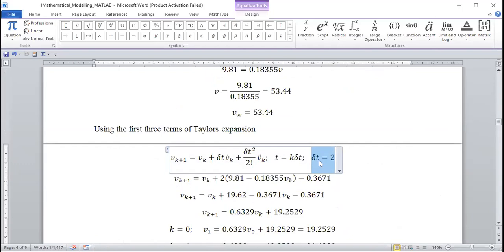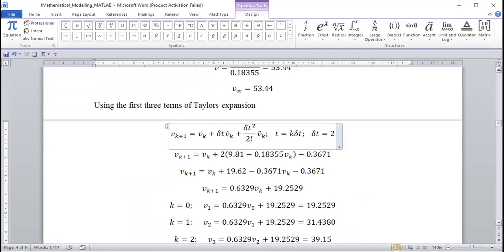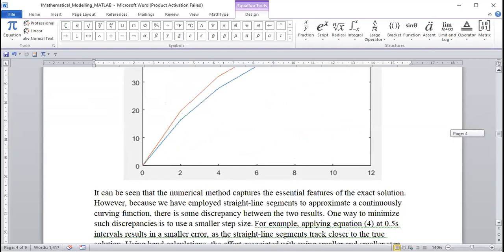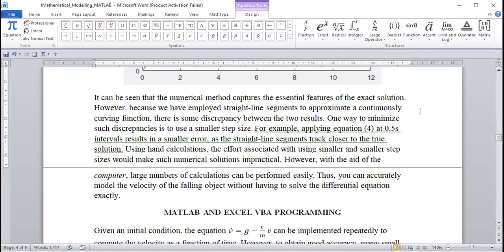That's what we're using when we solve for the numerical solution. If we had said that delta t is equal to 0.5, we're going to see that it's much more similar. The exact and numerical solutions would converge, and they will be almost the same thing.